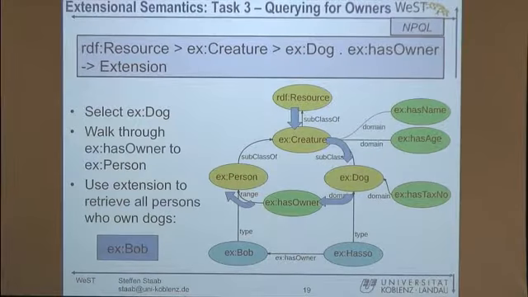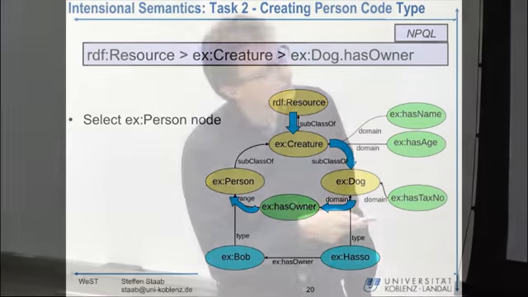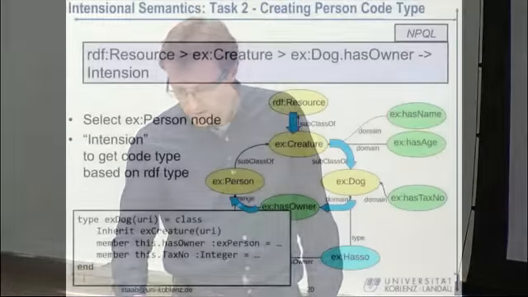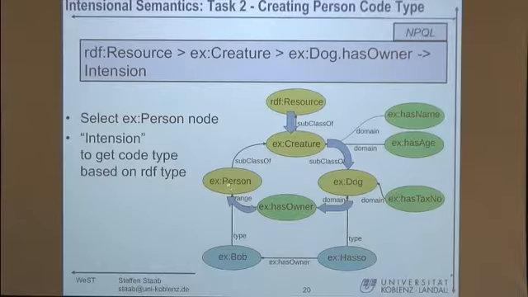And remember, see here again this kind of query for which we look for the extension. We can do the same kind of query, so navigate to dog and then to the owner. So that's the same kind of query as before. And that basically means we are interested in some persons here, like Bob.